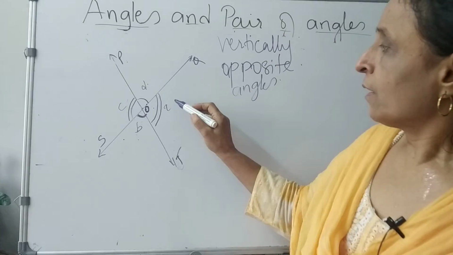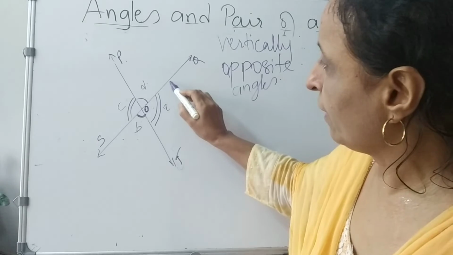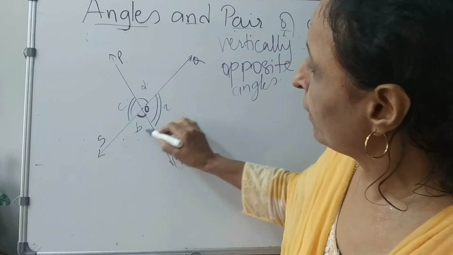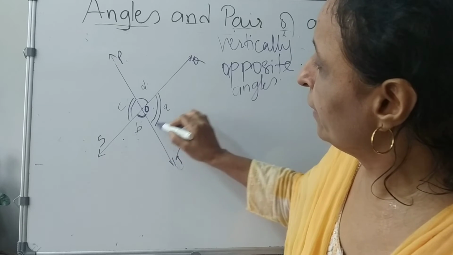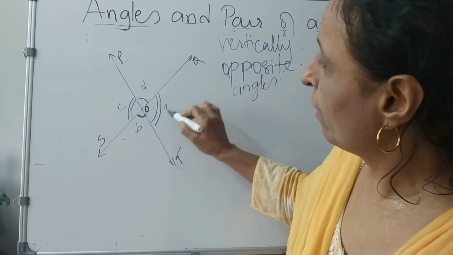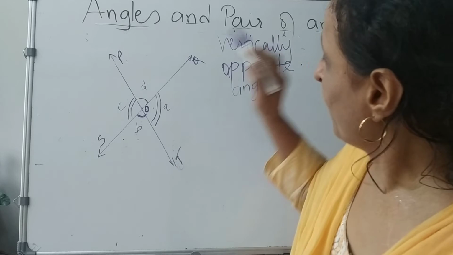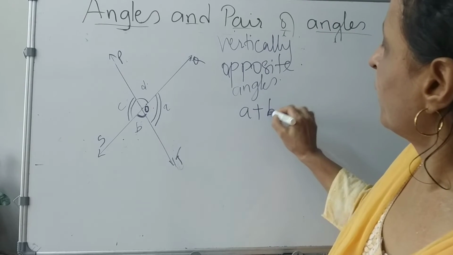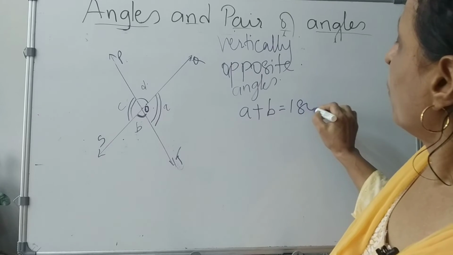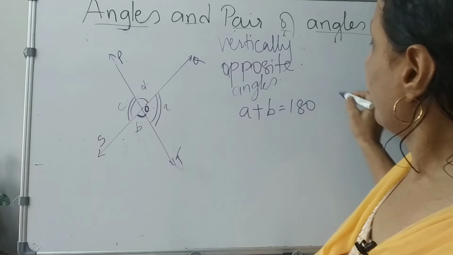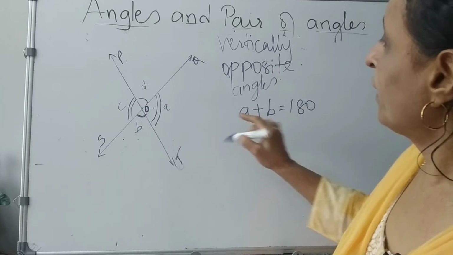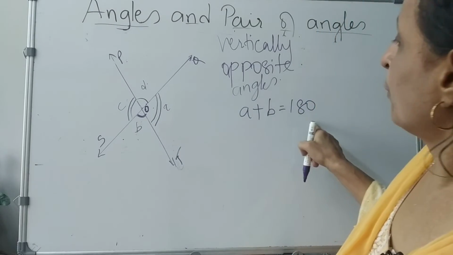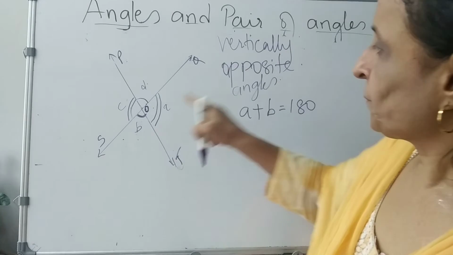Now, if you see closely, these angles A and B are forming a linear pair. Whenever it is a linear pair, it is going to be 180. Linear pairs form supplementary angles, and since they are supplementary, the total is going to be 180.